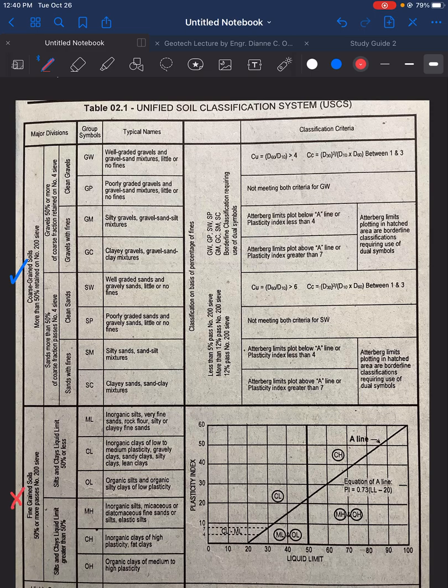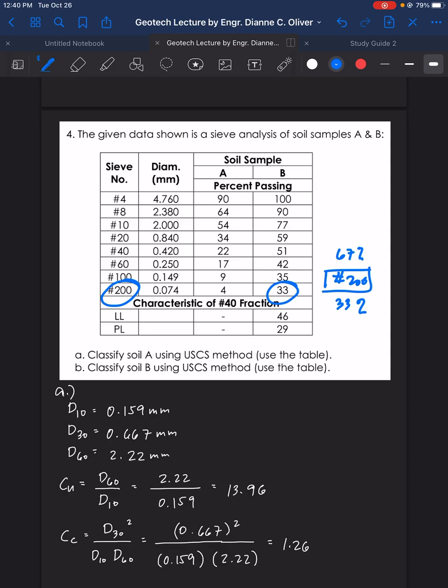Okay, next, let's choose between these two. Concentrate on sieve number 4. What is the percent passing on sieve number 4? Sieve number 4 here, percent passing is 100%. What can we conclude if in number 4 the percent passing is 100% and the retained percent is 0?